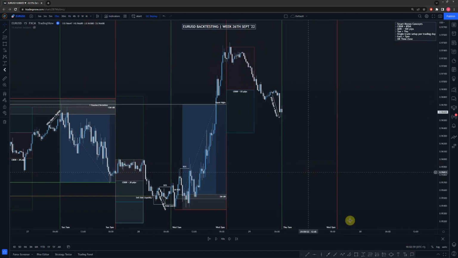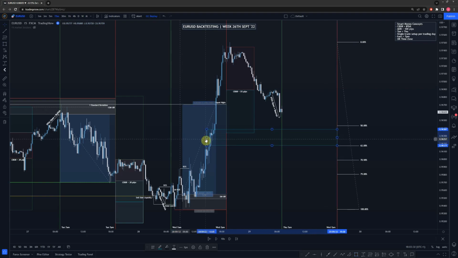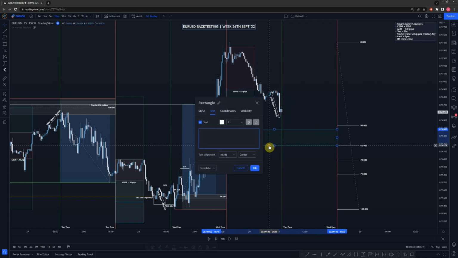And now let's see what we have. So we can even pull out our Fibonacci tool on this one. So let's go from the high to the low. Within the equilibrium point and our optimal trade entry point, according to the Fibonacci tool, I'm going to be marking out this 15-minute order block right over here, which is also in line with our 1 standard deviation from our central bankers dealers range.